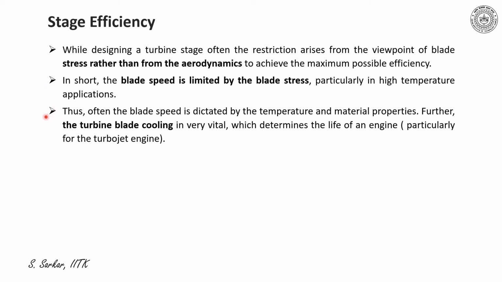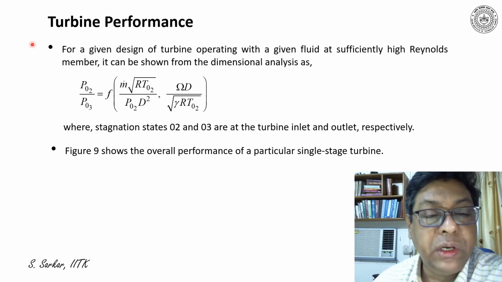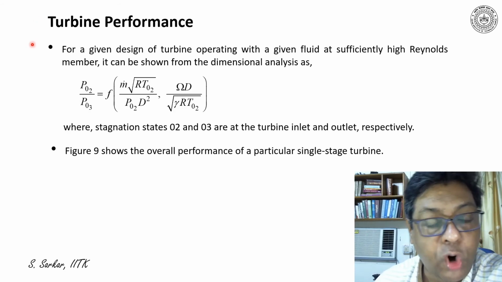Thus, often the blade speed is dictated by the maximum temperature at the inlet to the turbine and materials of the property used. Furthermore, turbine cooling is thus very vital, which determines the life of engine, particularly for a turbojet engine in aerospace applications. I'll now discuss on turbine performance.